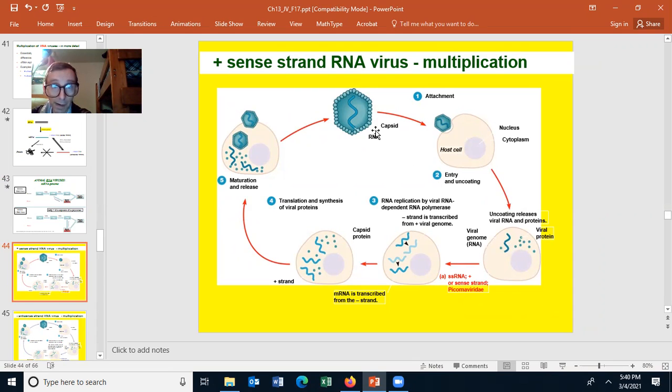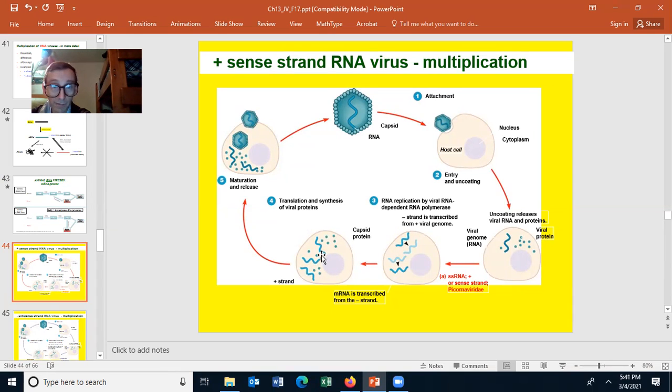The positive single-strand RNA will replicate, making negative strand RNA, and then the negative strand RNA is replicated to make more positive single-strand RNA, which is the genome of the virus.